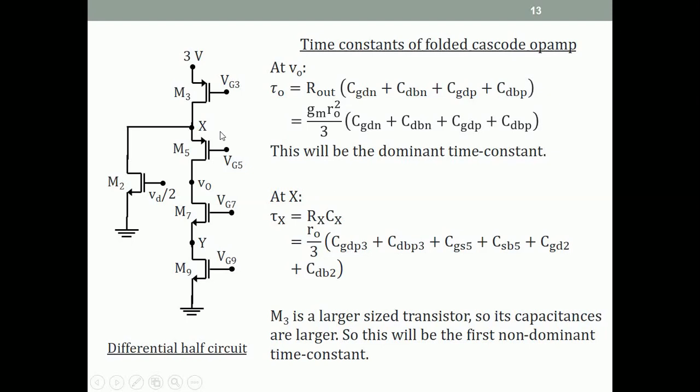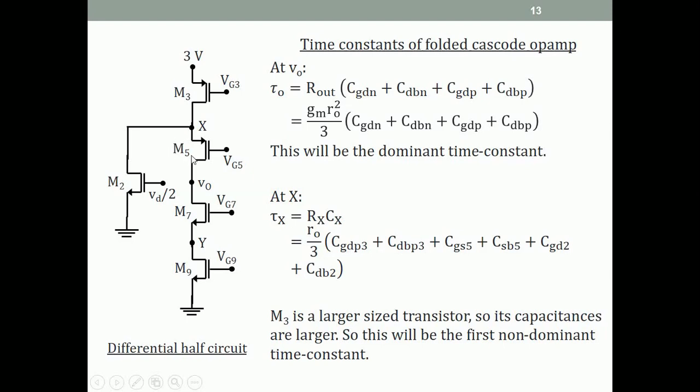At X, the time constant is Rx times Cx. Rx is the resistance seen at the node X. What is that resistance? It is ro parallel the resistance looking down of M5. The resistance looking down of M5 is the resistance looking down the source of a MOSFET, and if you recall that resistance, I'm going to say it aloud because you've seen it many times before.